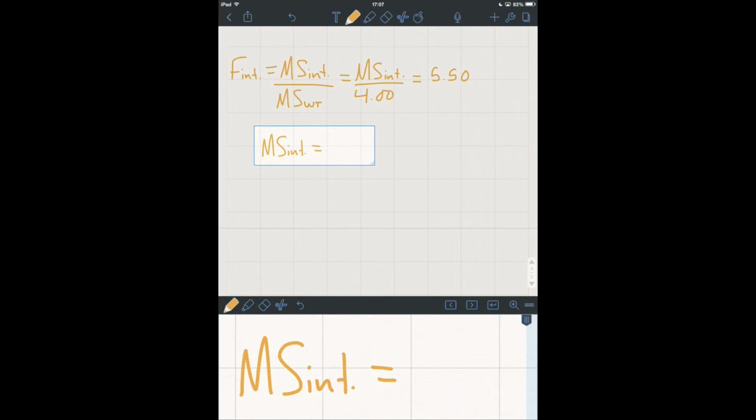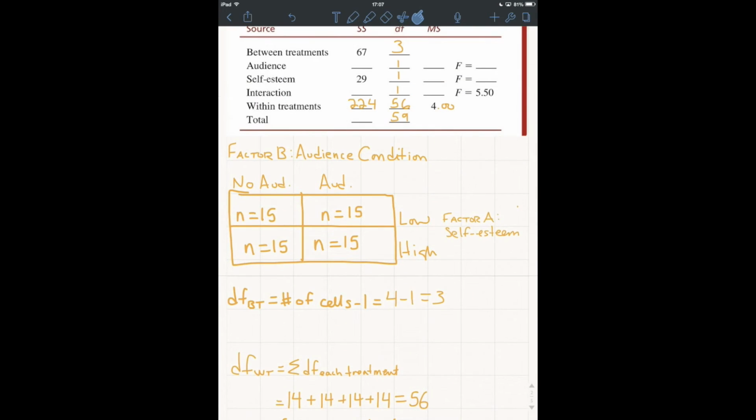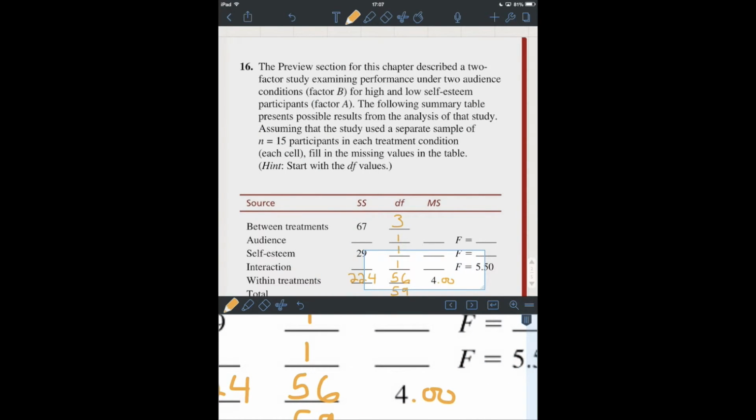And so 5.50 times 4.00 equals 22.00, and we'll just put that in the source table. So MS interaction is 22.00.